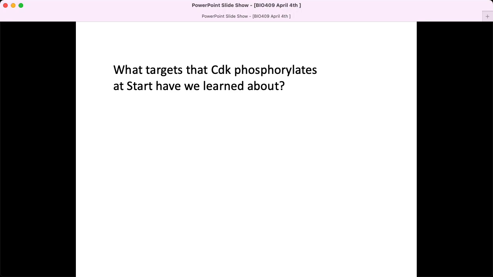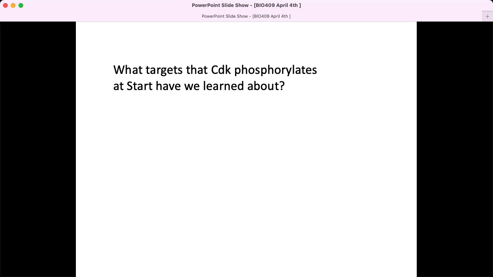So I'm just going to put in this, and it says, we've talked about start. We also went to the G2 to M transition, and we talked about that DNA damage checkpoint that involves CDC25 removing inhibitory phosphates from another CDK. And now we're talking about start, and this would be an exam question. At start, the CDK gets activated.